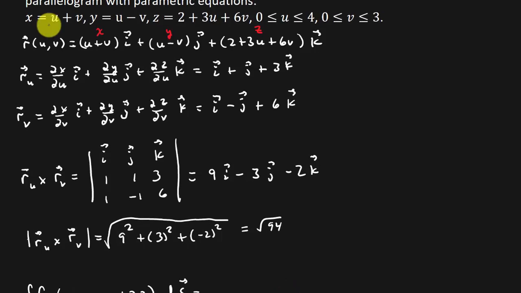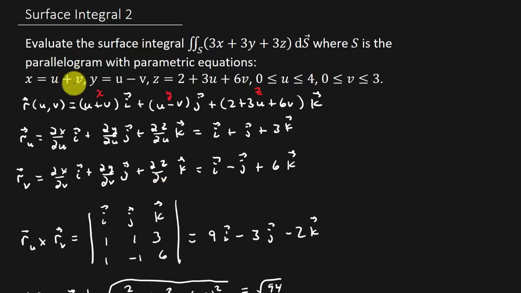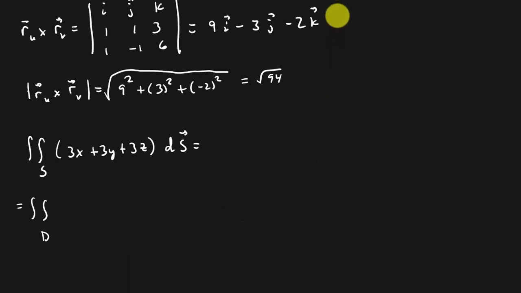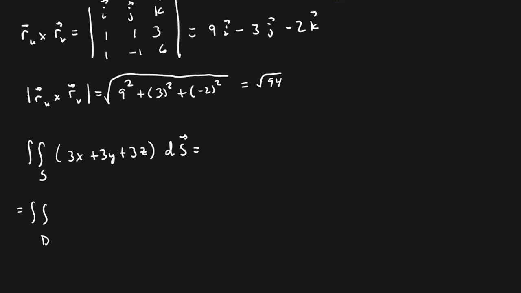Notice they give us the x, y, and z. So we're going to take this and plug it in for x, take this and plug it in for y, and then take this and plug it in for z. I know you won't be able to see all that stuff up there, so that's why I went ahead and pointed that out.